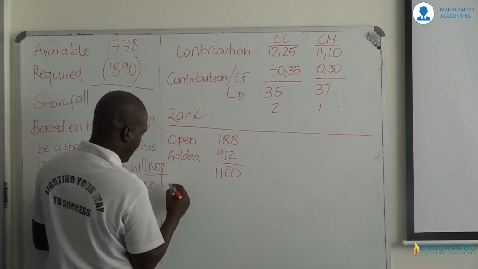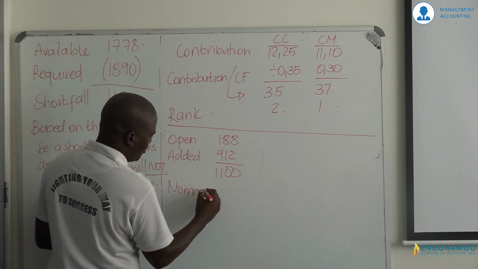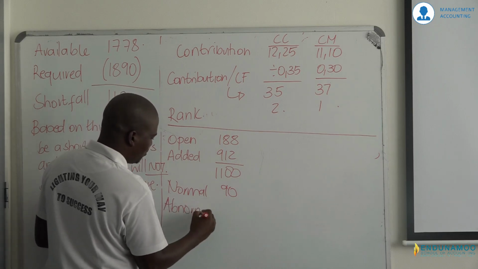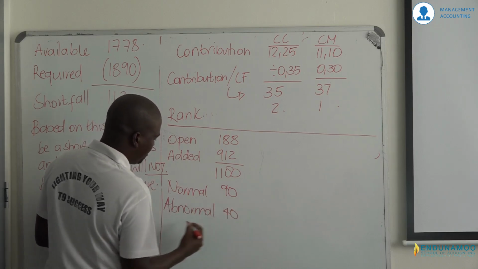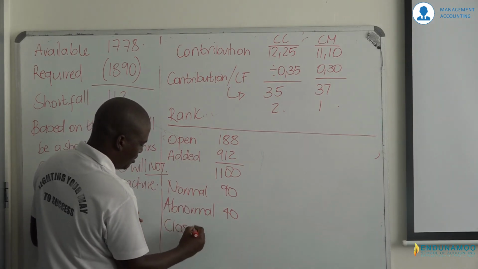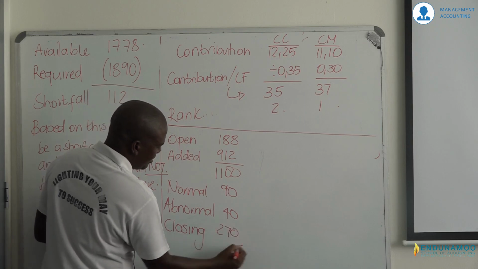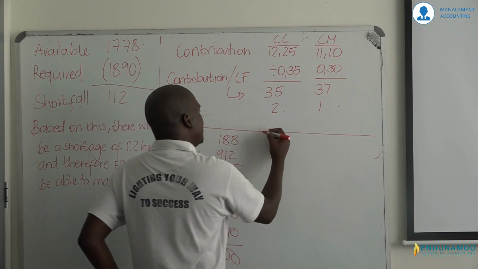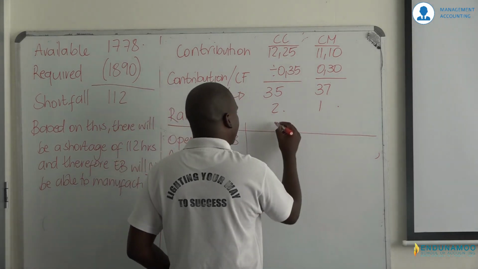Then you said normal was 90, abnormal was 40, and closing was 270. And we closed off with 1.5 altogether.